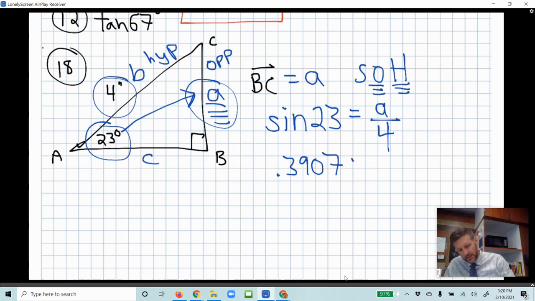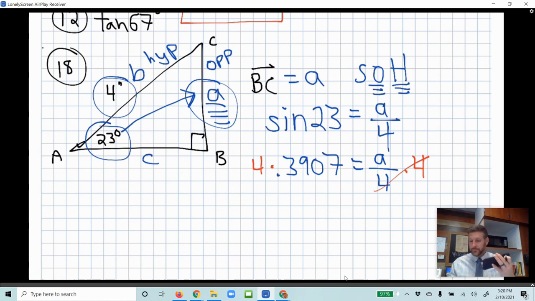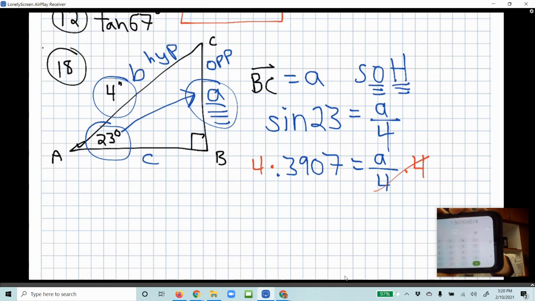And that is now equal to A divided by 4. Okay, can you see how we're going to solve this problem now? Now that we know what that is, I'm just going to multiply both sides by 4, and I will have side A. So I'm just going to take this number, I leave it on there, and I'm just going to hit times 4 equals. And I get 1.562.